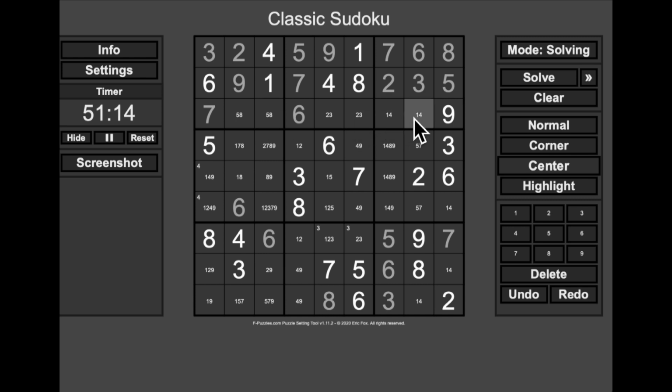Okay, this is correct. This cell, these are 1, 5, 7, and 8 in some fashion. I don't know anything else beyond that.